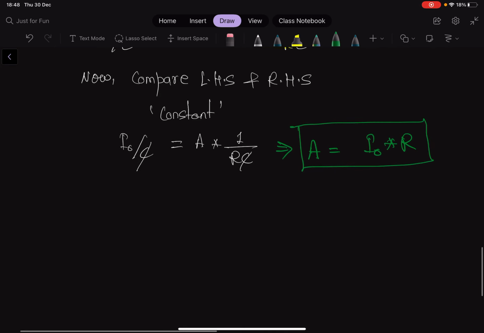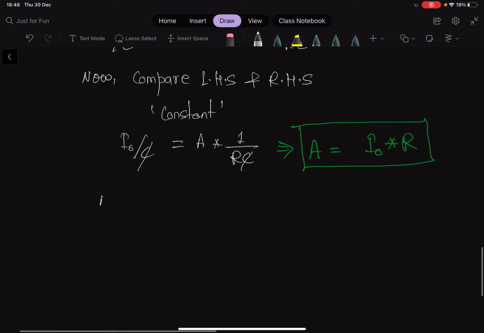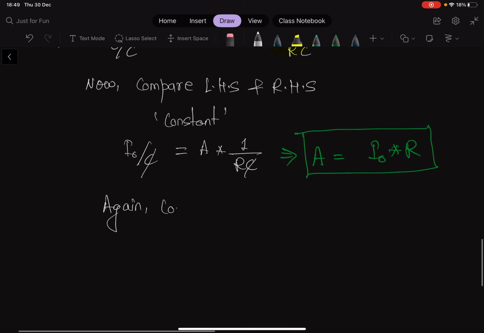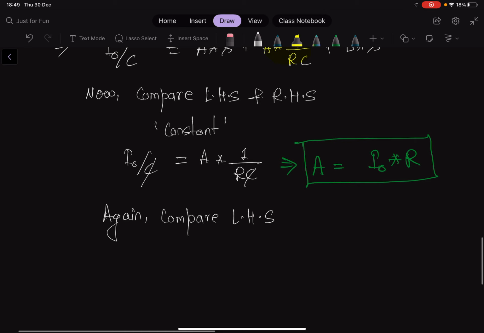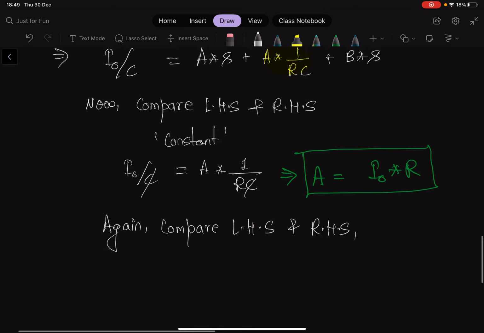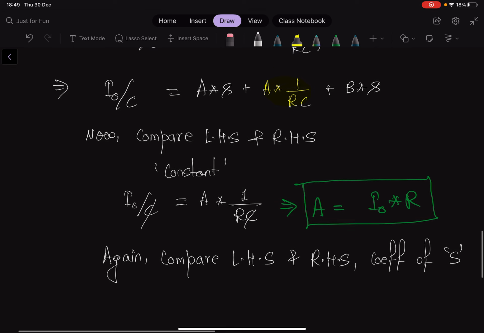Similarly, if we compare the coefficient of s on the left hand side and right hand side, what are we going to get? On the right hand side we have A and B. What about the left hand side?